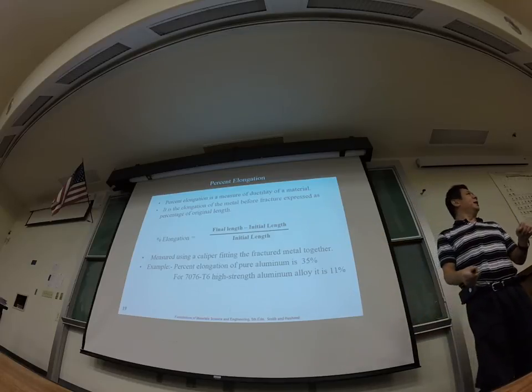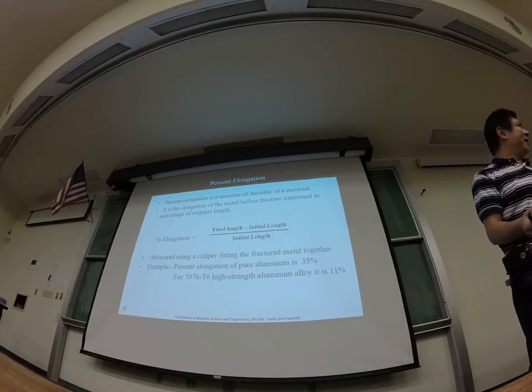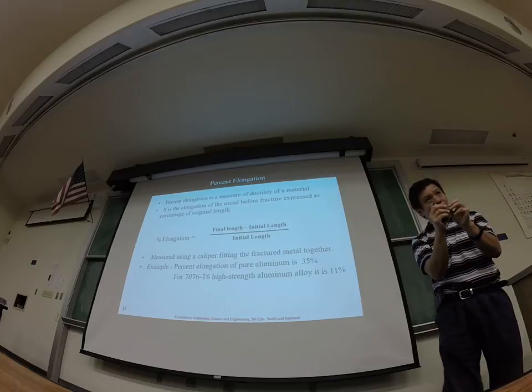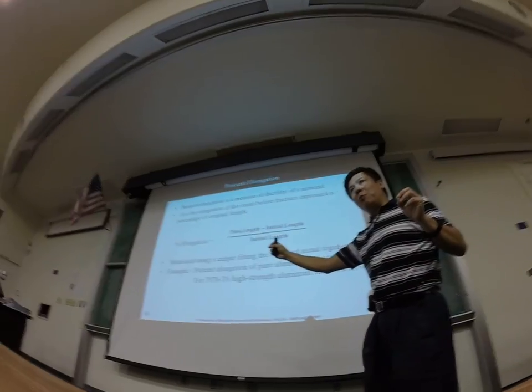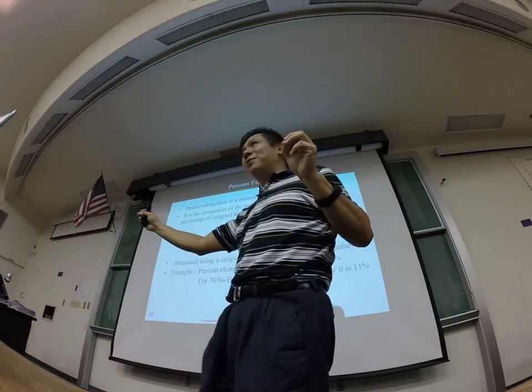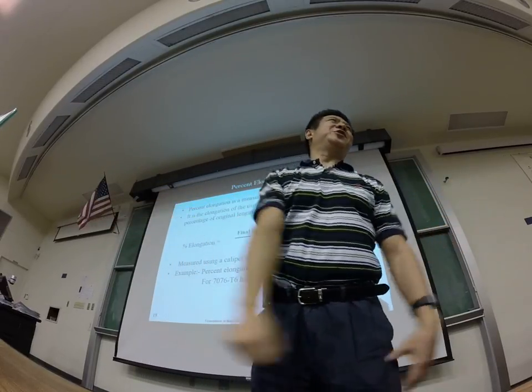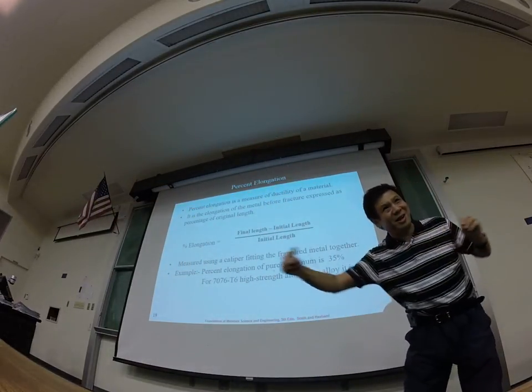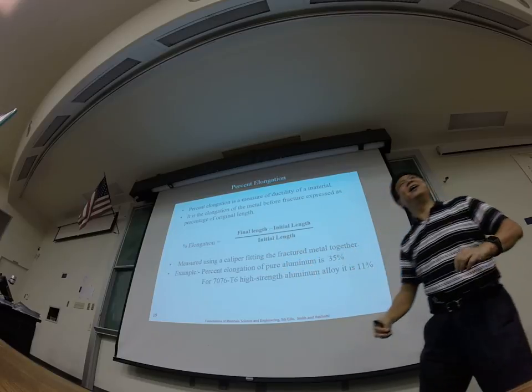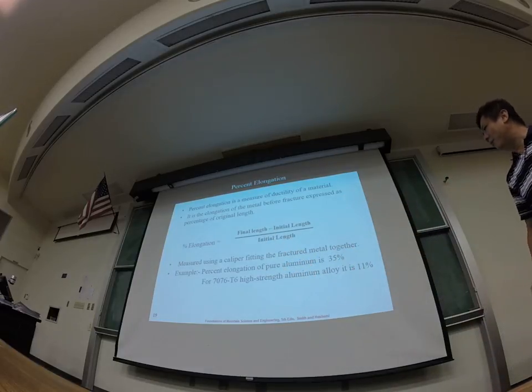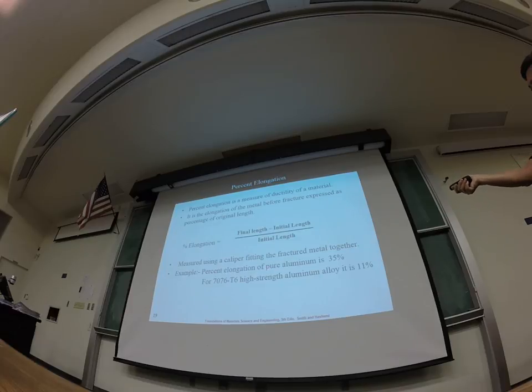So this is the way to define the ductility, right? The more elongation the sample can go, the more ductile the metal is. It can elongate longer, so that indicates it's more ductile. Say, for example, the percentage elongation of pure aluminum is about 35%.